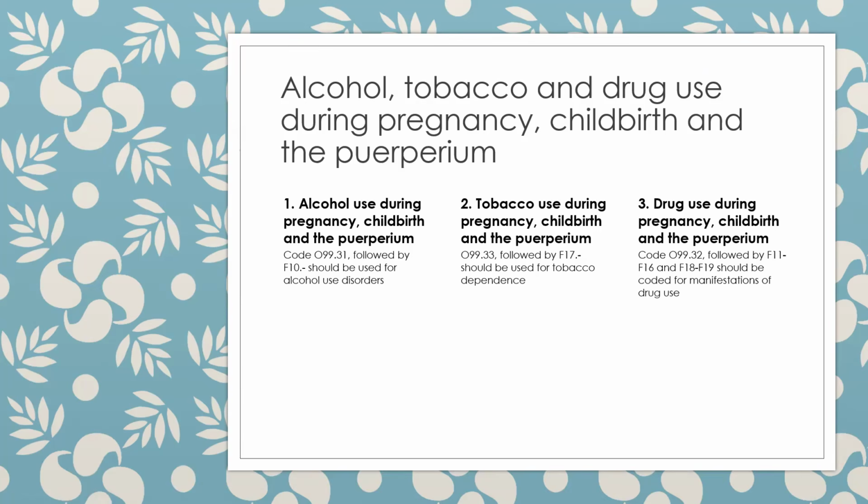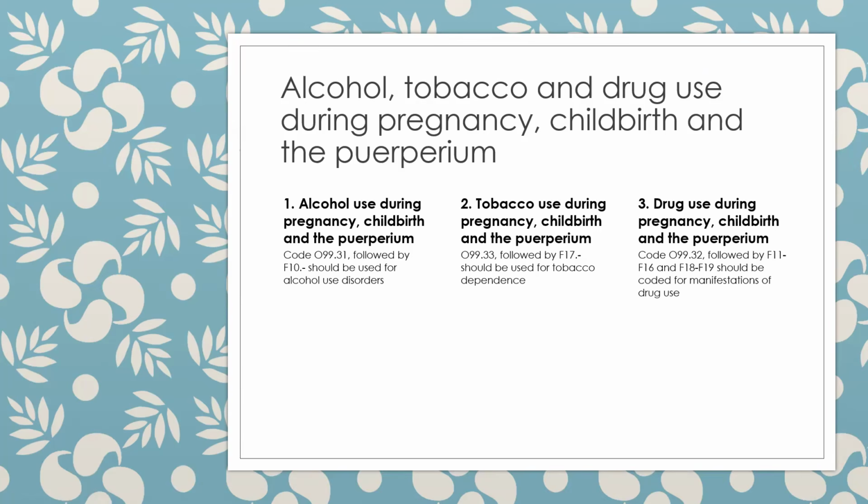And number 3, drug use during pregnancy, childbirth, and the puerperium. Codes under subcategory O99.32 for drug use complicating pregnancy, childbirth, and the puerperium should be assigned for any pregnancy case when a patient uses drugs during the pregnancy or postpartum.